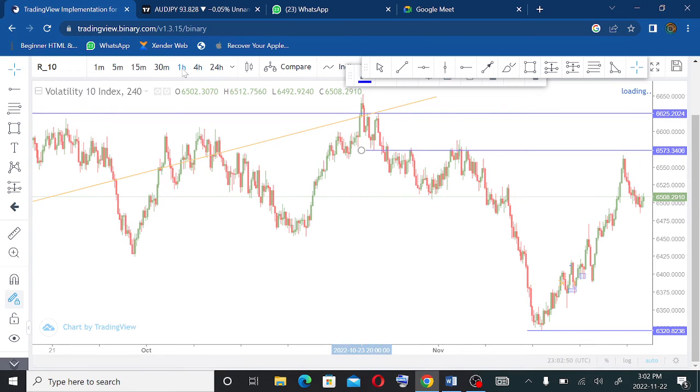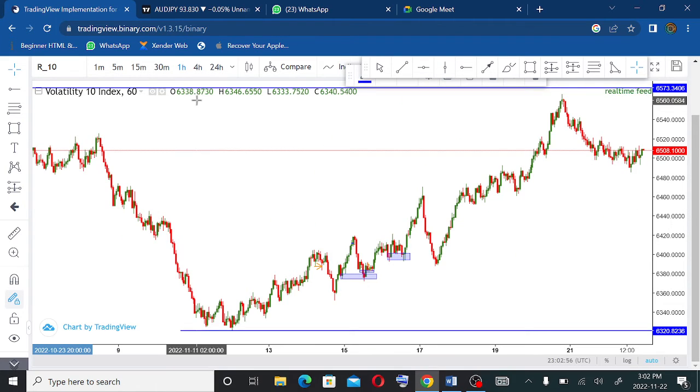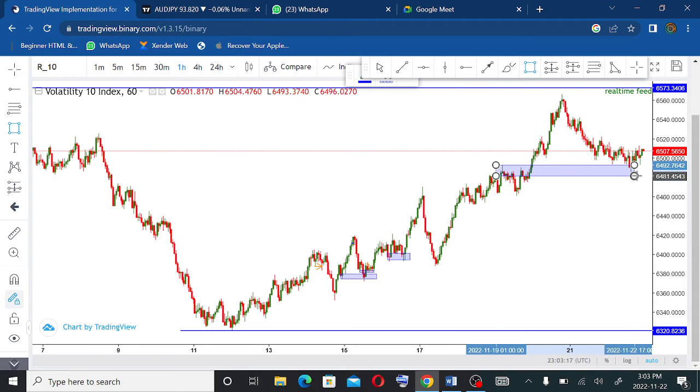So we go to the lower time frame so we can see what we are expecting. I want to see the market push into this area. It could drop, but from our analysis, I want to see the market push up, not drop.